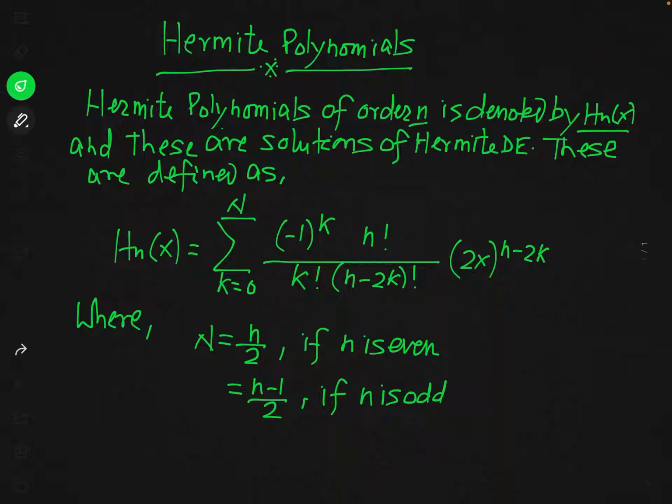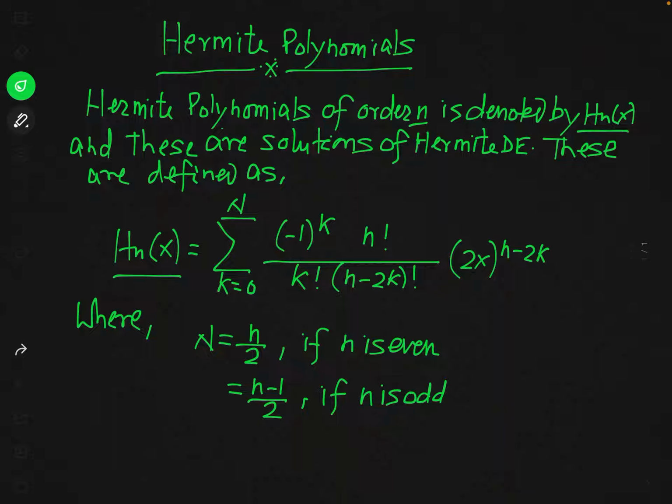And these Hermite polynomials can be defined in different ways. Here I am discussing one of the definitions of Hermite polynomials. So you can see how these Hermite polynomials are defined. In fact, Hn of x equals the summation over k from 0 to capital N of minus 1 raised to the power k, n factorial over k factorial times n minus 2k factorial, times 2x raised to the power n minus 2k.